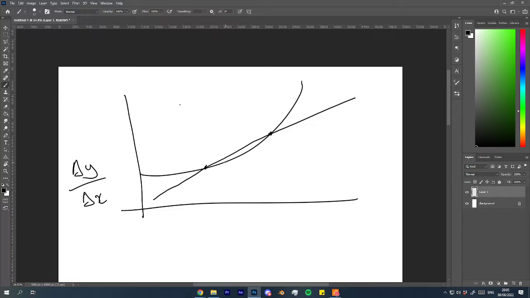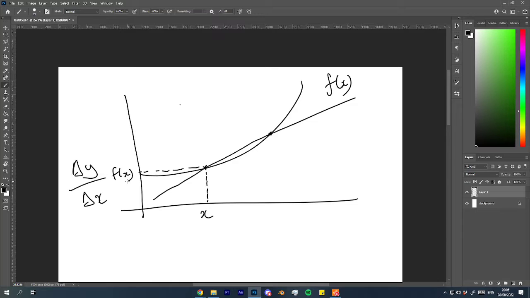Perfect. Okay, if I call this first point x, and I don't know what this graph is, let's just call it f of x. This point here is going to become f of x. Happy with that?